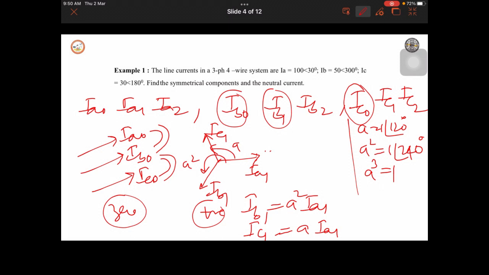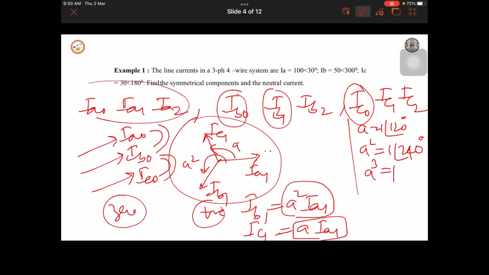Here from this diagram you can find IB1 and IC1 in terms of IA1. I explained the symmetrical components in the beginning session. Because we already found IA0, IA1, IA2, by knowing these you can find the remaining 6 parameters as per this procedure.